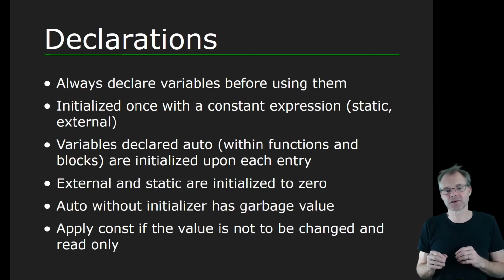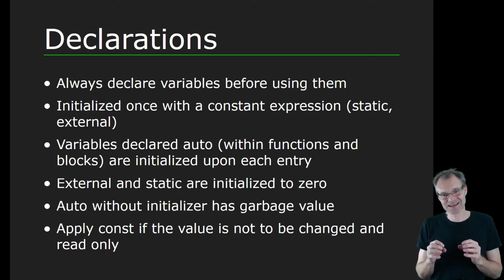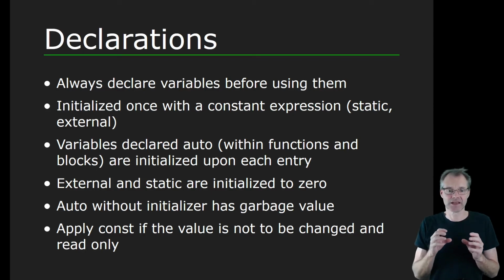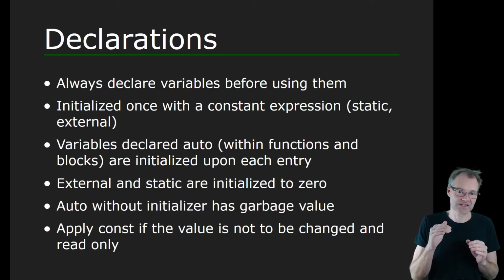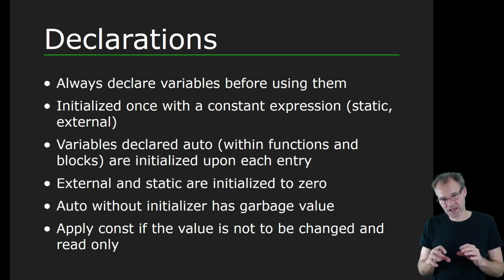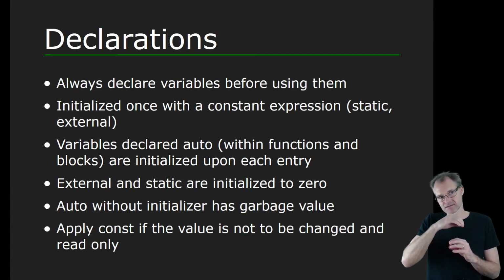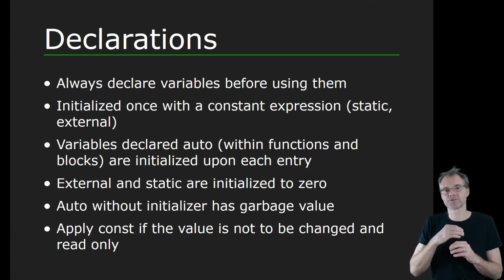Variables that are declared auto, perhaps within functions and blocks, are initialized upon each entry. Auto is the default storage class, so you can leave it out. So the variables within a loop or a function, within those blocks, are always defined the next time we go into the loop or the function.